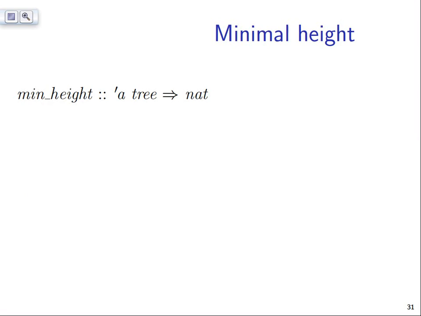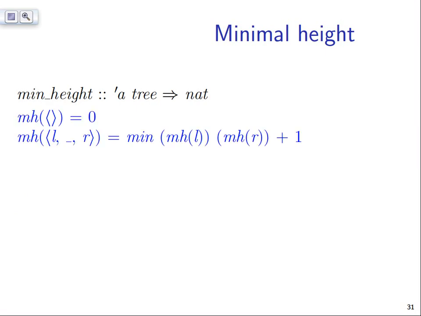We will also introduce the minimal height for one specific reason. So the height is, in some sense, if you have some arbitrary tree, the height is the length of the longest path from the root to a leaf, and the minimal height is the length of the shortest path from the root to a leaf.